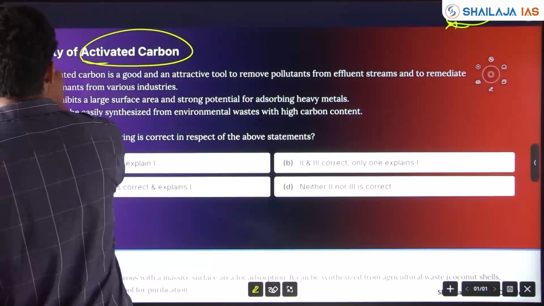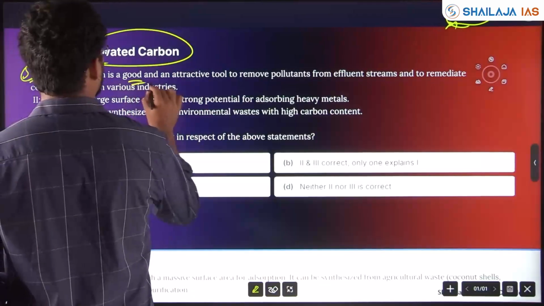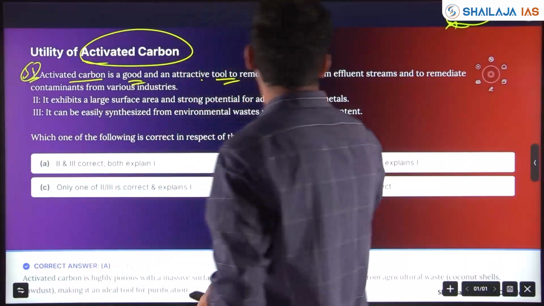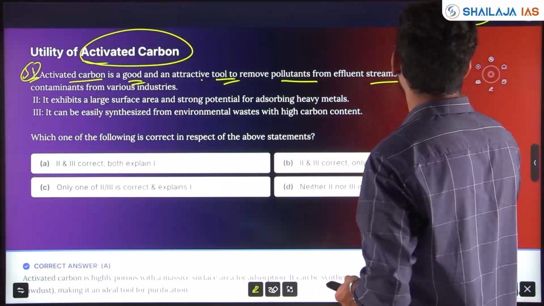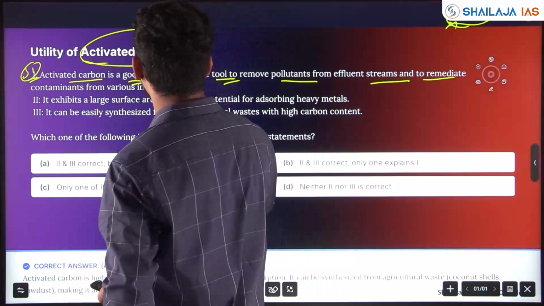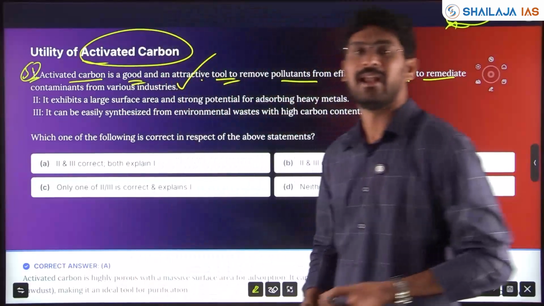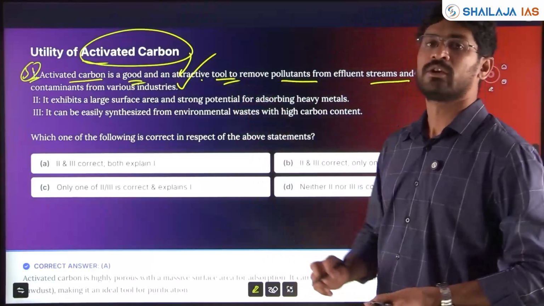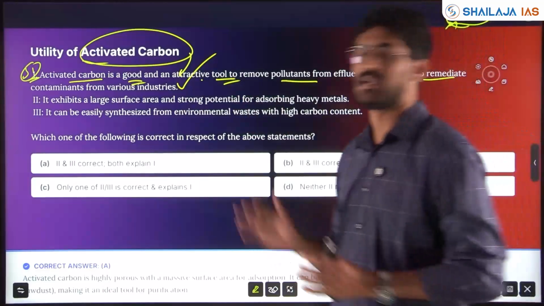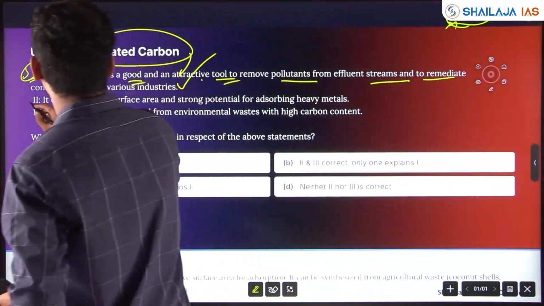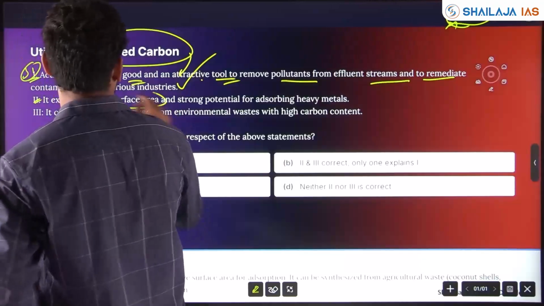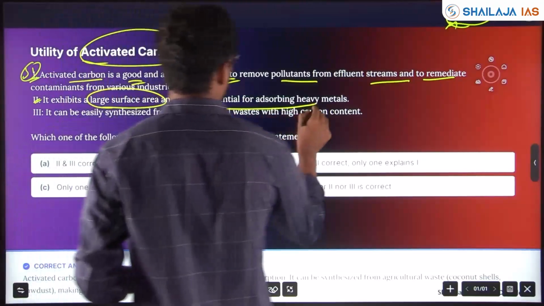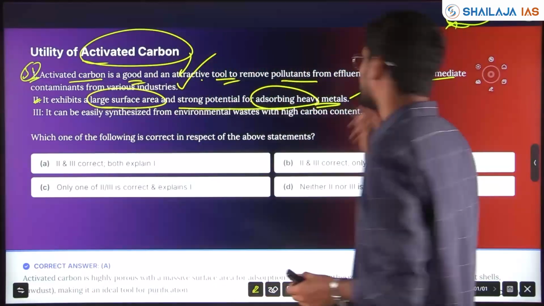First statement: activated carbon is a good and attractive tool to remove pollutants from effluent streams and to remediate contaminants from various industries. Yes, like activated charcoal, activated carbon can be a good and attractive tool to remove pollutants from these industries. It exhibits a large surface area and strong potential for absorbing heavy metals.